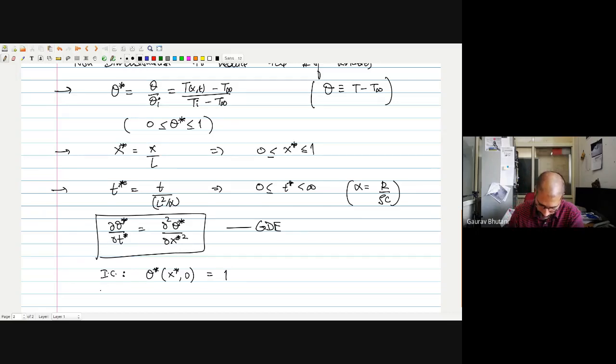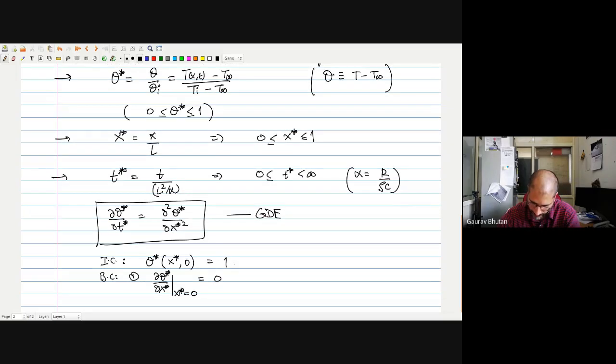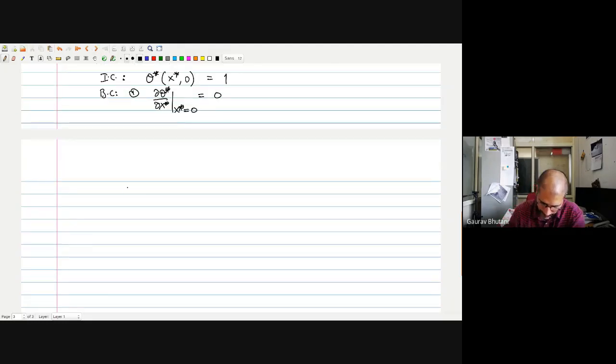And for the boundary conditions, the first one becomes del theta star by del x star at x star equals 0 is 0. It looks very similar to what we had last time. But the second boundary condition looks a bit different. I did this yesterday, so I won't repeat it.